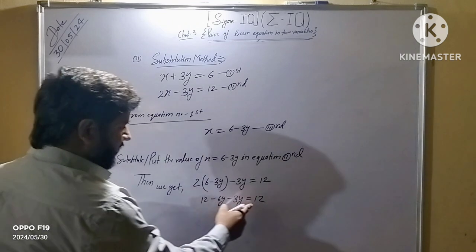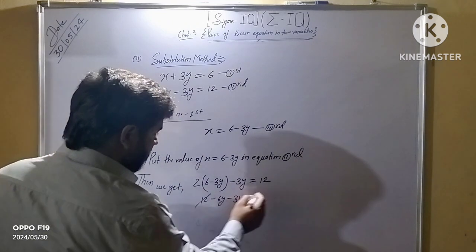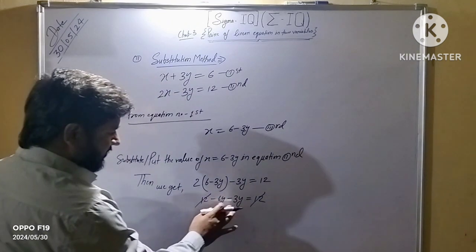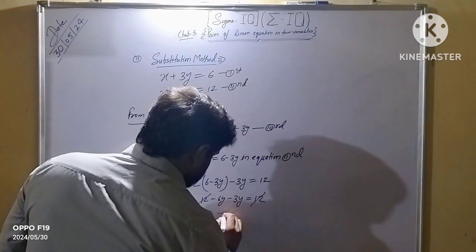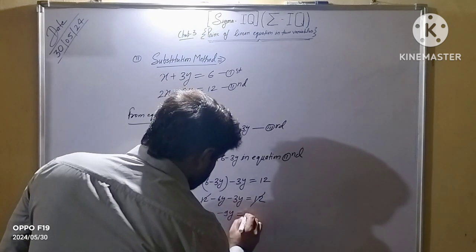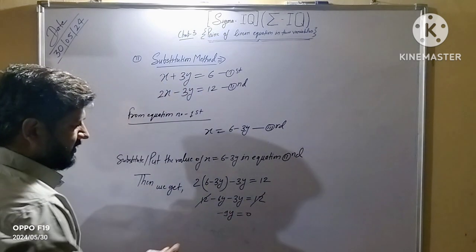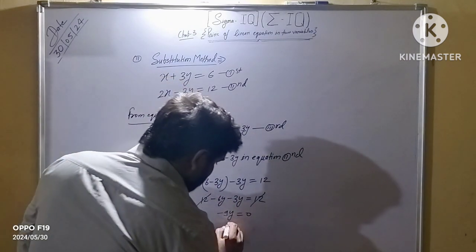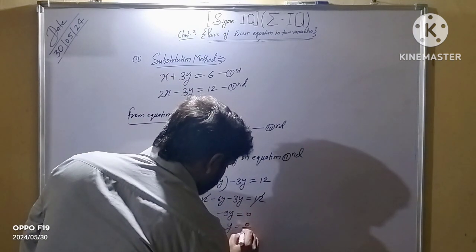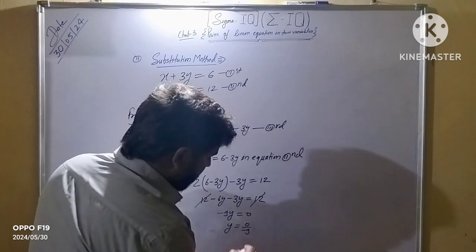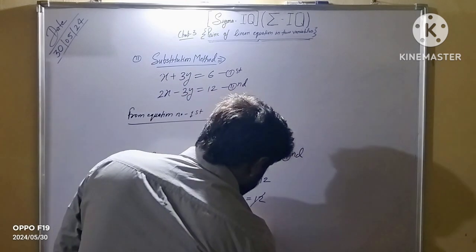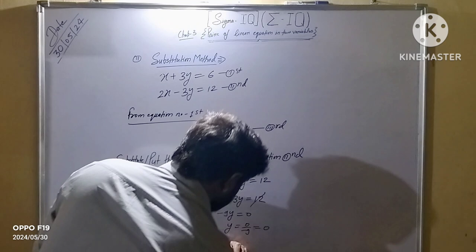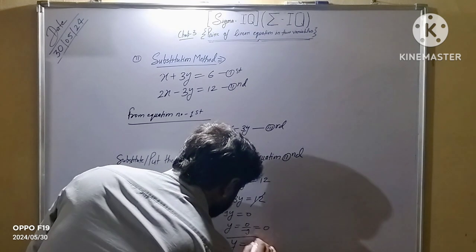Plus 12 on the LHS and plus 12 on the RHS cancel out. Minus 6y minus 3y, minus 9y equal to 0. Minus 9 shifted to the RHS. So y equal to 0 upon minus 9. 0 upon minus 9 becomes 0. So y equal to 0.